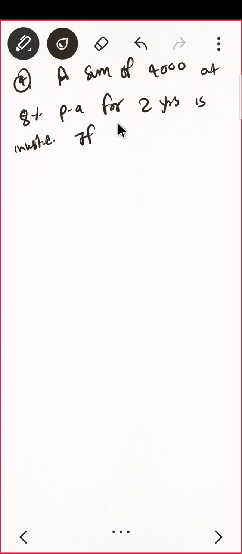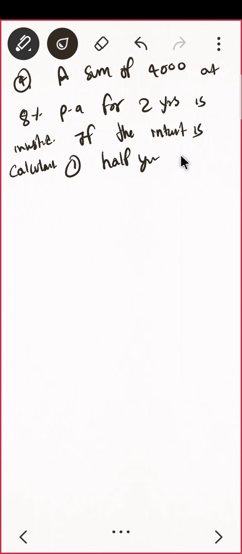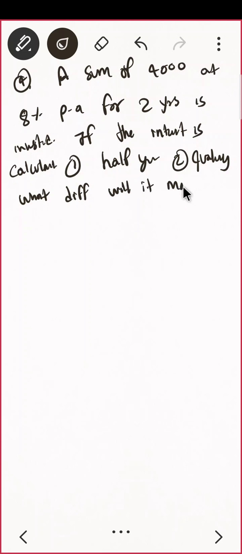If the interest is calculated first half yearly, second quarterly, what difference will it make? What difference will it make?